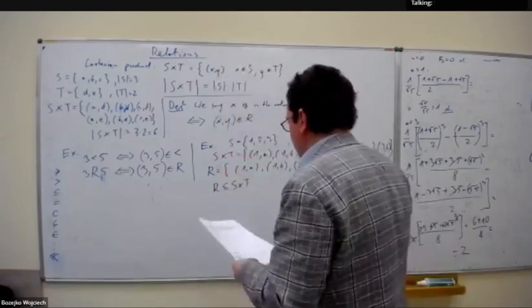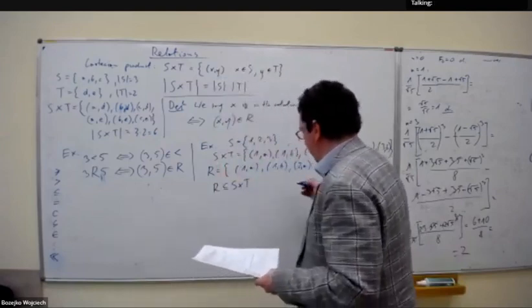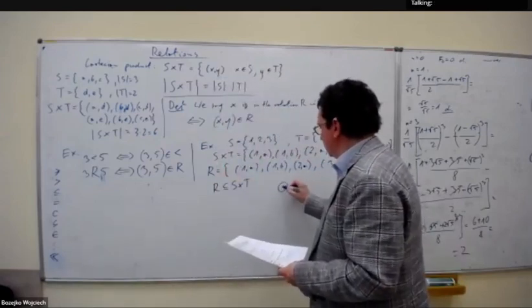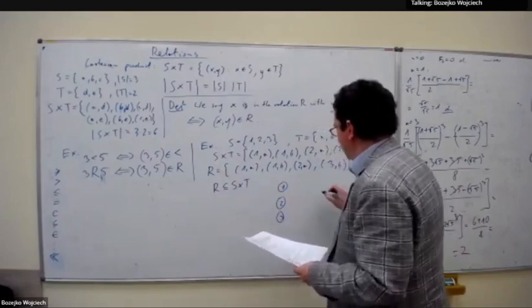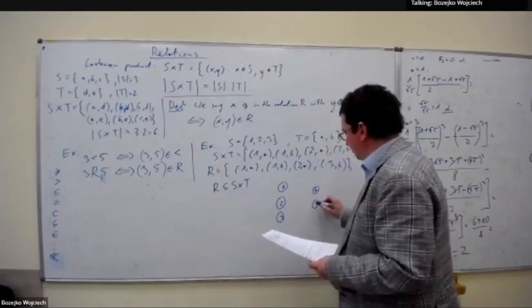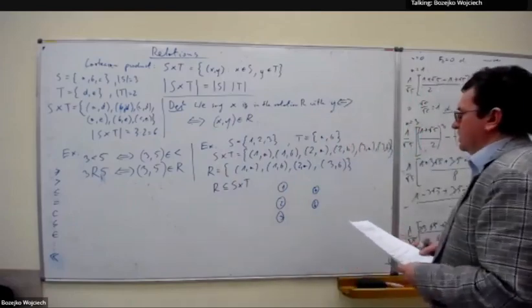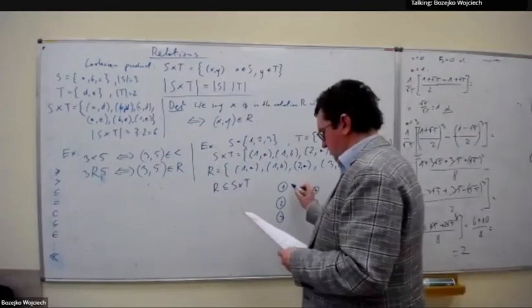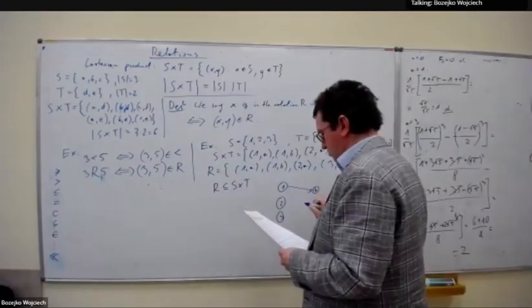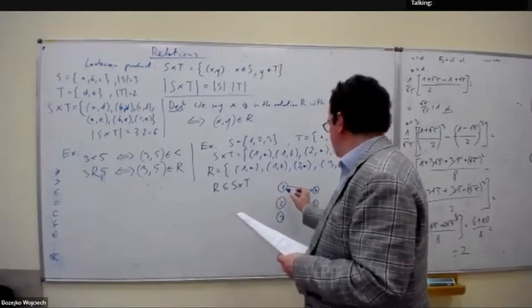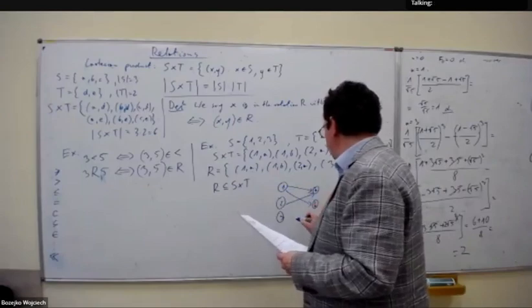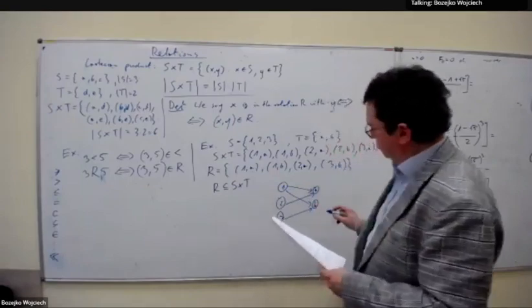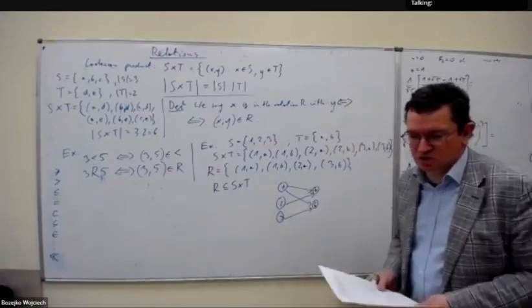But if we write it on a diagram, we obtain something like this. We have elements 1, 2, 3 from the set S, and A, B from T. And finally, we have something like this: 1 to A, 1 to B, 2 to A, and 3 to B. So this is a diagram of being in this relation.